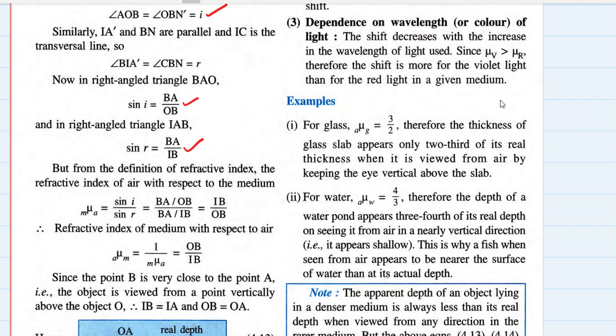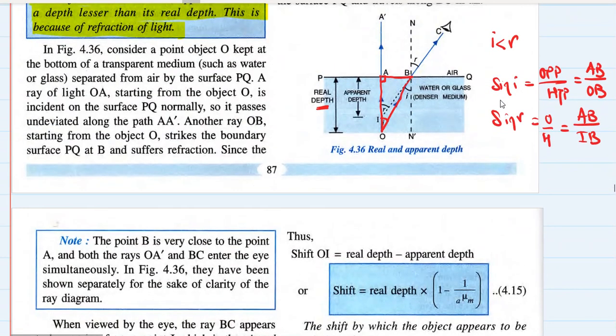But the definition of refractive index tells us that it is the refractive index of the second medium with respect to the first medium. The second medium is air over here, and the first medium is water. The refractive index of air with respect to the medium is equal to sine i upon sine r.